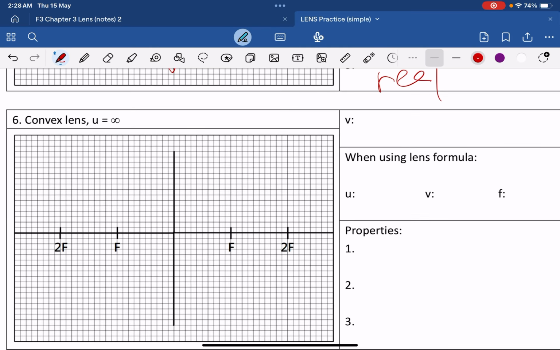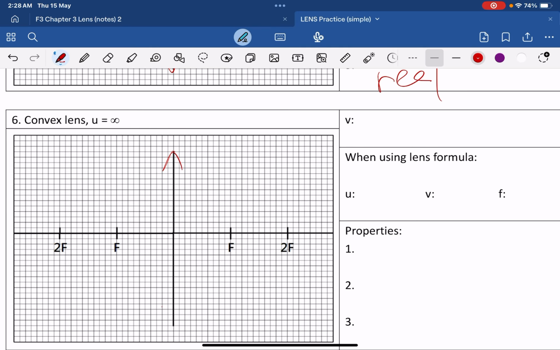The last one, u is infinity. Okay, now this is not easy. It is a very special one. Firstly, I draw the light ray going through the focus. It will be a straight line, which is a horizontal line.